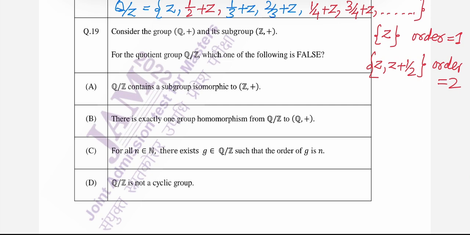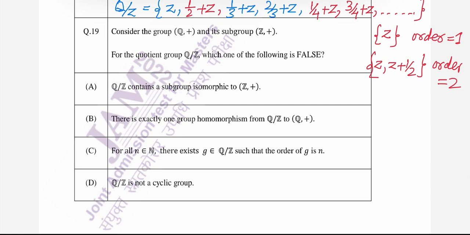So in this way, if you see the other subgroups, you will notice that all the subgroups are finite. There is only one subgroup of Q/Z that is infinite, and that subgroup is Q/Z itself.